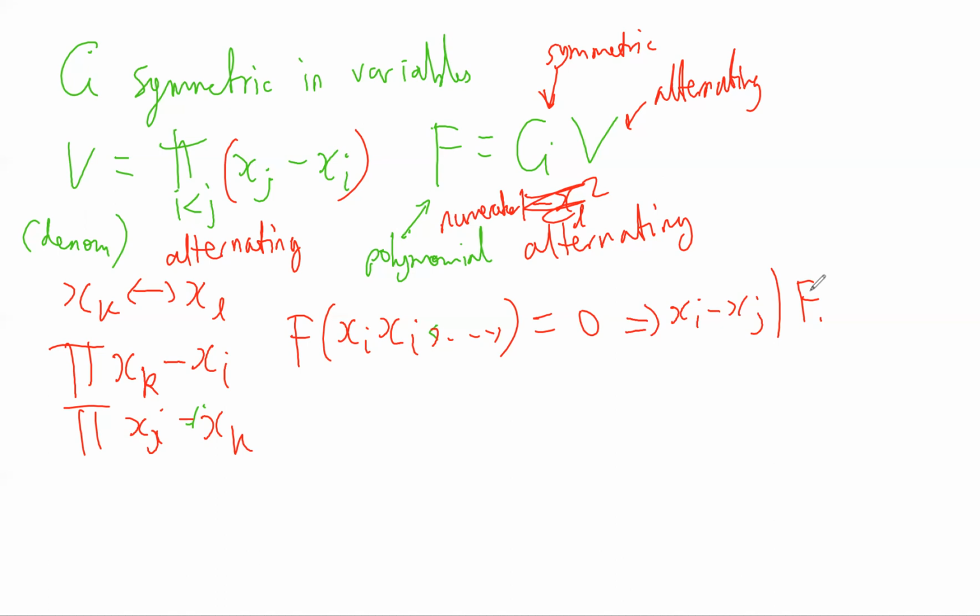Is that true? How do we conclude this? I think I understand how this works. So if you have two spots, xi, xj, and you swap them, you get the negative.